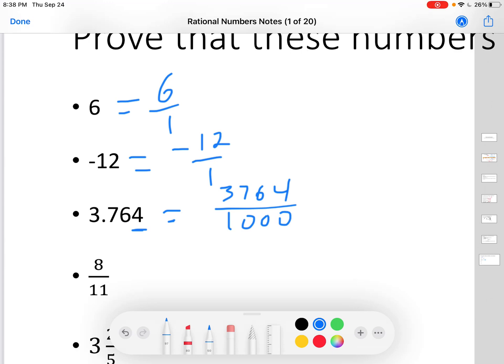Besides, it has to be a over b, where a and b are integers. This is not an integer. It has a fraction part, so it can't be in the numerator. This has to be an integer, and this has to be an integer. Therefore, no decimal points. Okay?